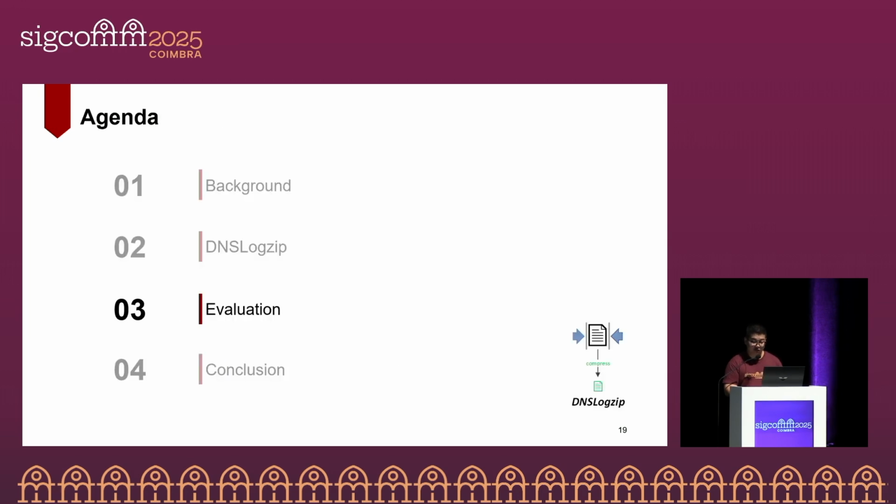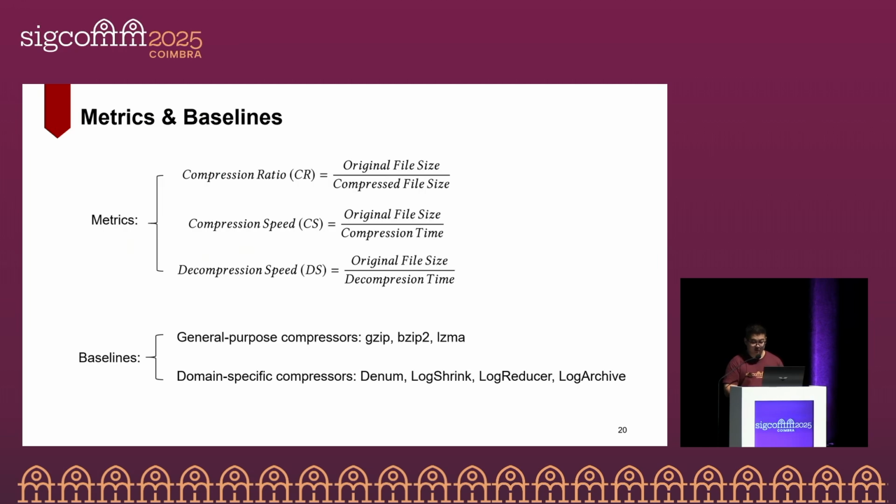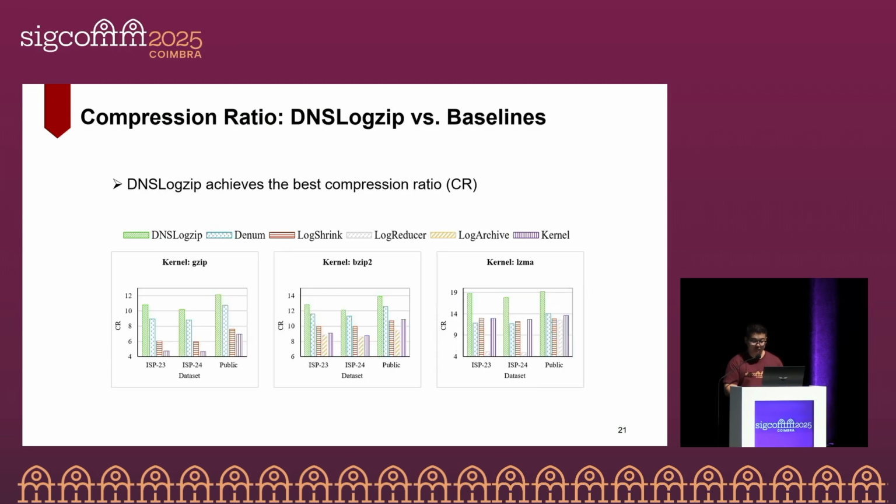Now let's look at how DNSLogzip performs in real scenarios. We evaluated DNSLogzip on three main metrics: compression ratio, compression speed, and decompression speed. We compared it with popular general-purpose compressors like gzip, bzip2, and LZMA, as well as log-specific tools like dnum, logshrink, logreducer, and logarchy.